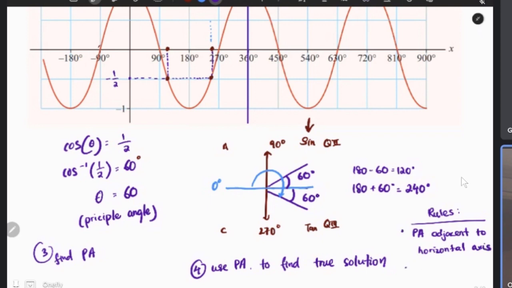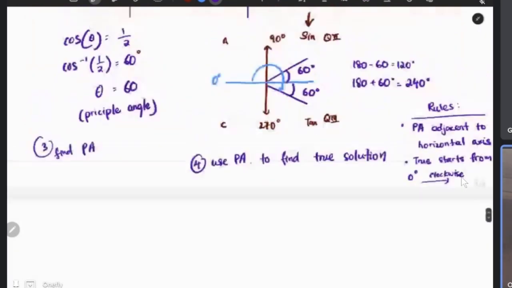Second rule is the true angle, the actual angle, starts from 0 degree, and then it will travel clockwise to the line that you draw your principal angle, to your PA line.